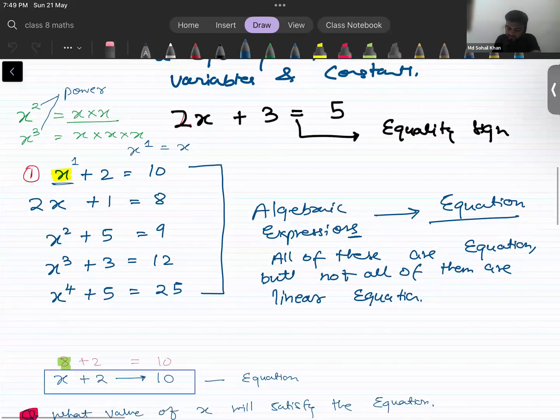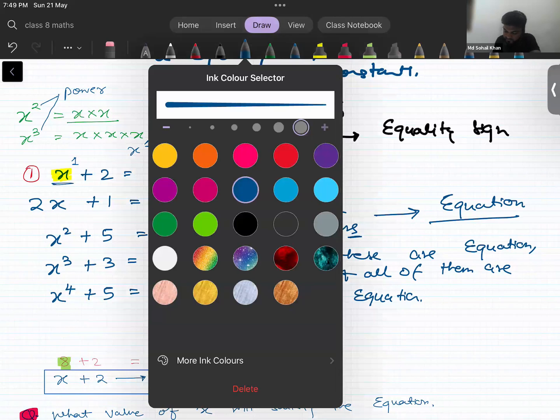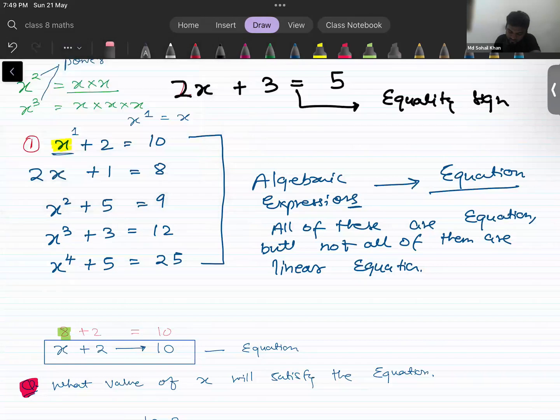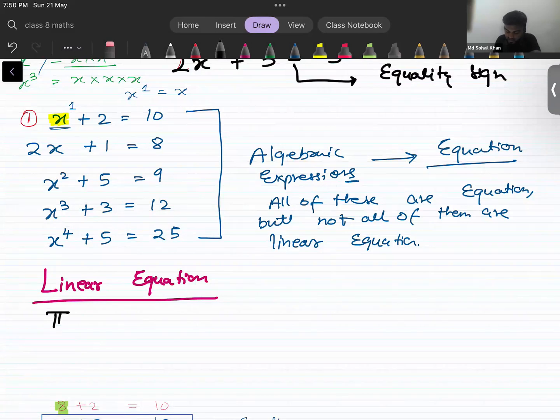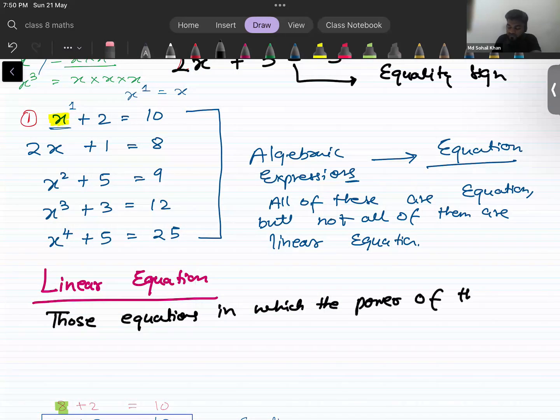Note this thing: those equations in which the power of the variable is 1 are called linear equations.